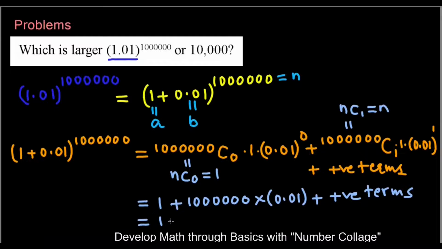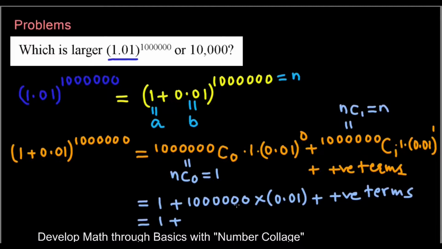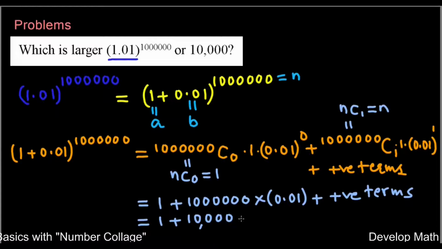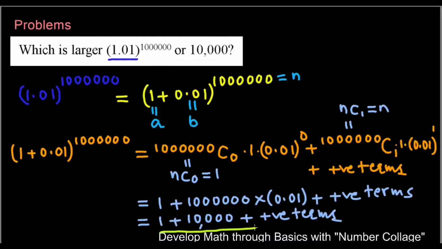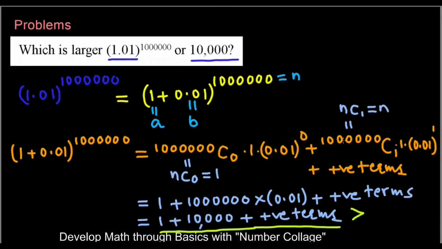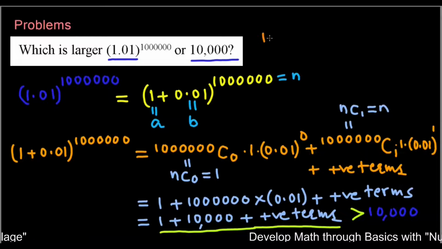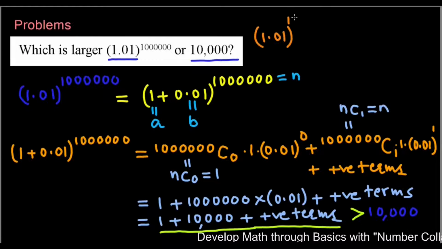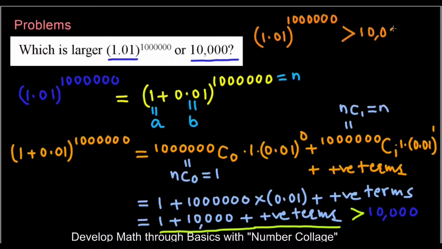This will be 1 plus 1 million multiplied by 0.01, which is 10,000, plus the remaining positive terms. The summation of all these things is definitely going to be greater than this 10,000, because here we have 10,000 plus 1 plus positive terms. So therefore, obviously 1.01 raised to 1 million is greater than 10,000.